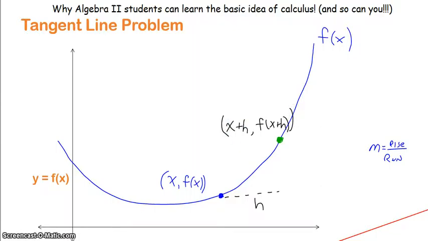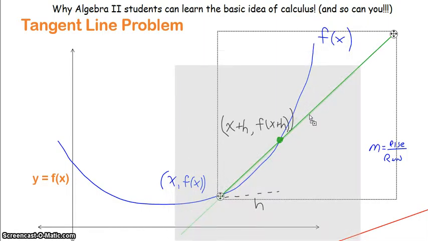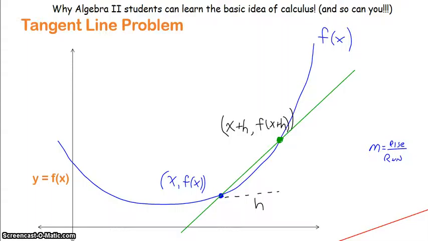And I can find the slope between 2 points, again Algebra 1, quite simply. And that goes back to this concept of how much did we rise and how much did we run. So the slope of that line is going to be how much did we rise, which will be the difference between these two values, f of x plus h and f of x.